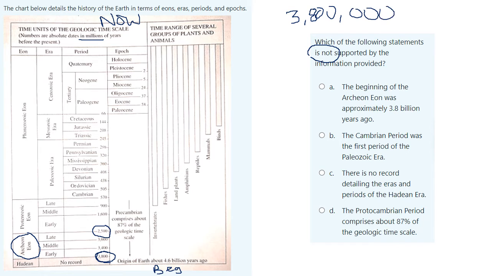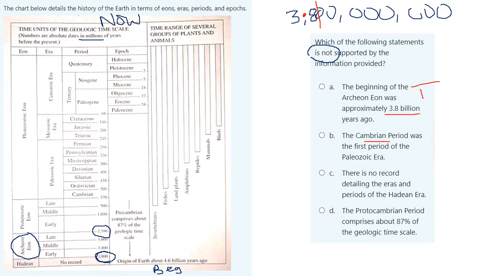So we add on 6 noughts. But another way of saying 3,800 million would be to say 3.8 billion. Okay, 3.8 billion. So 3.8 billion is true. This cannot be the correct answer.